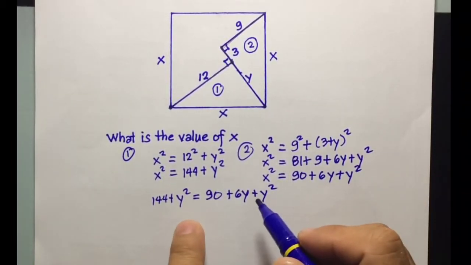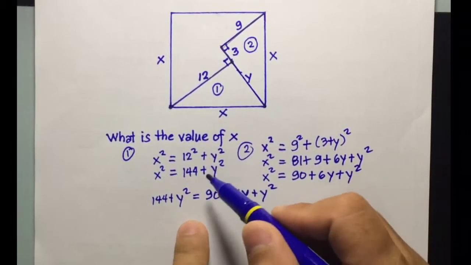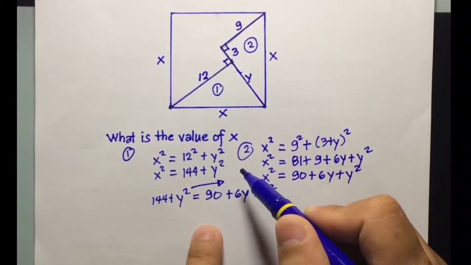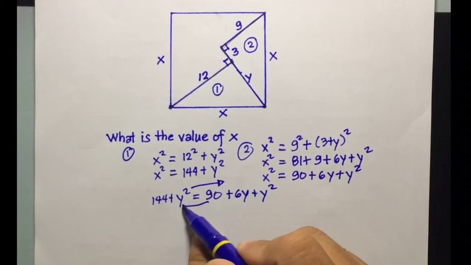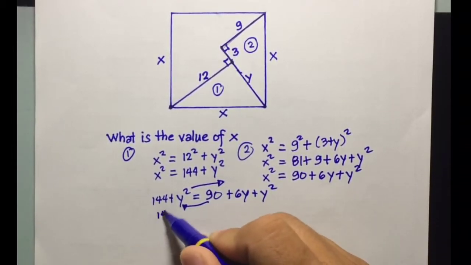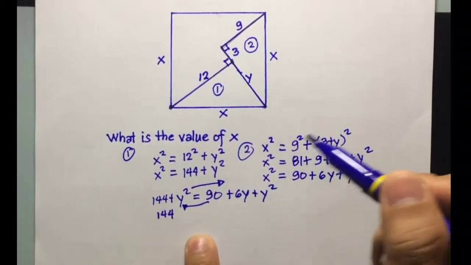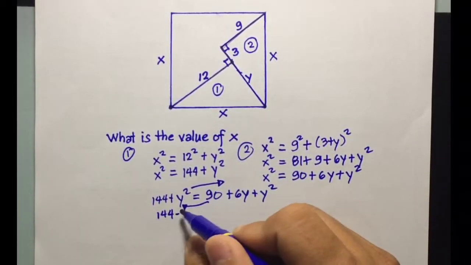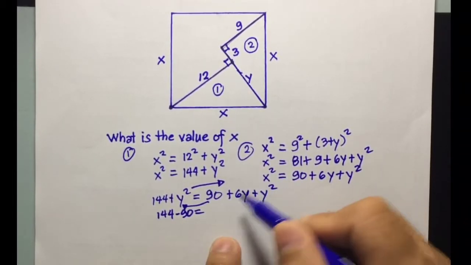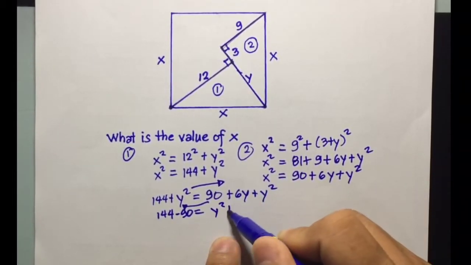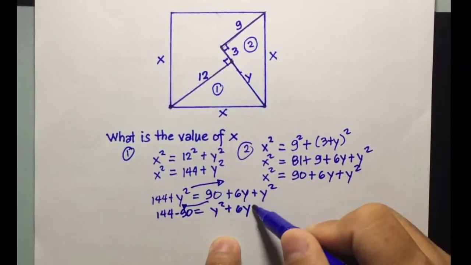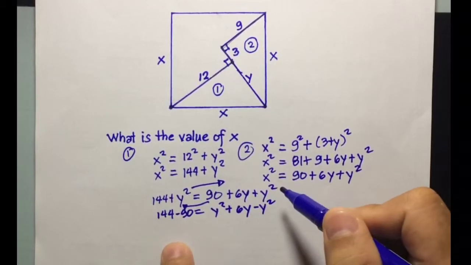Then combining like terms, we can transpose y squared to the right side, and 90 to the left side. So we have 144 minus 90 equals y squared plus 6y, then minus y squared.